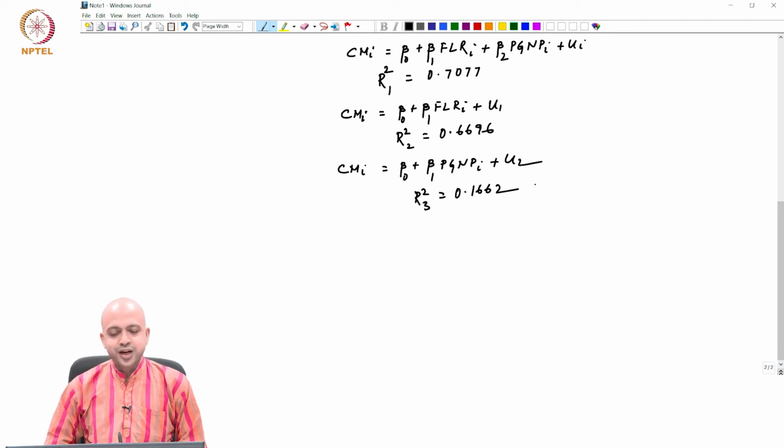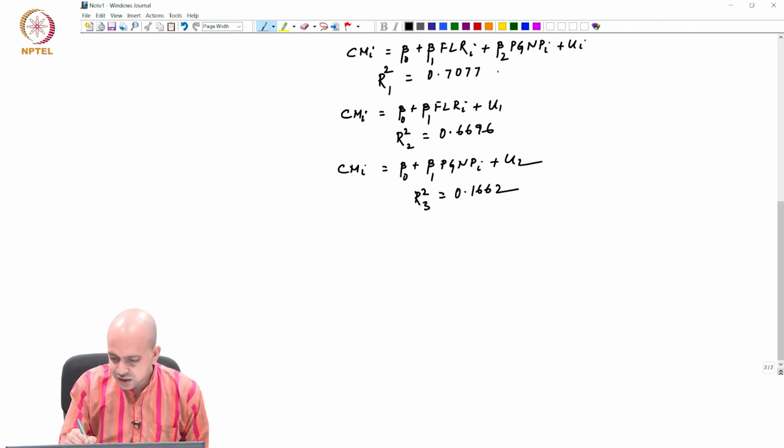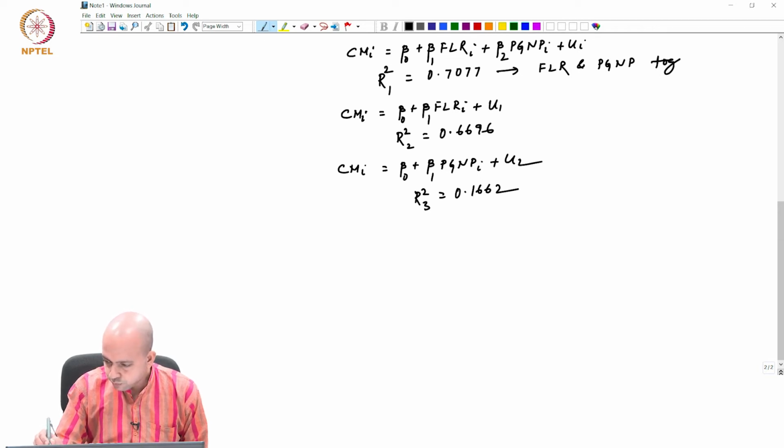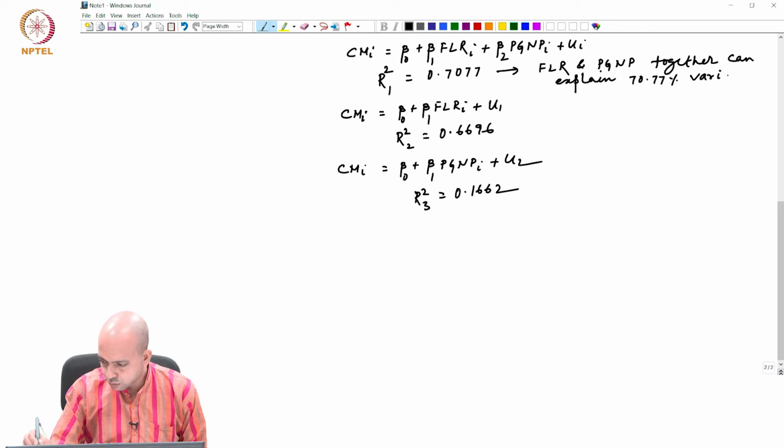That means we can say that FLR and PGNP, these two variables together, can explain 70.77% variation in child mortality rate.